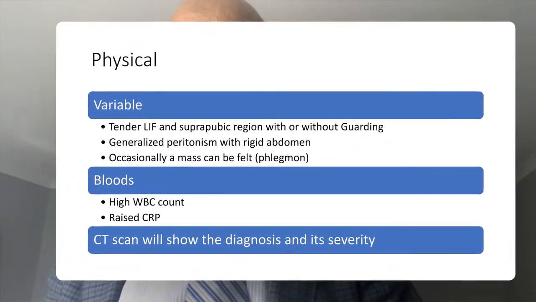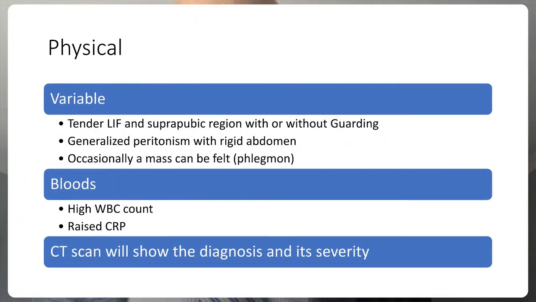How do we manage them? We examine them. Now, physical examination of patients with diverticulitis tends to be variable. As I mentioned, they might have temperature. Usually, they will have tenderness in the left iliac fossa, the suprapubic region. That will be associated with signs of peritonism in the form of guarding when you feel their abdomen.